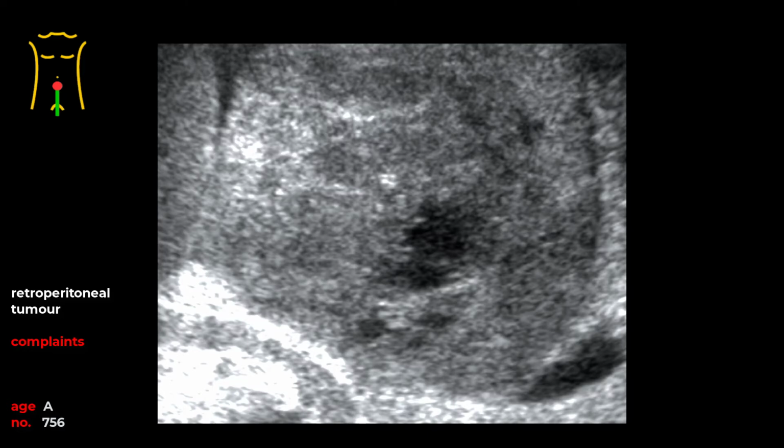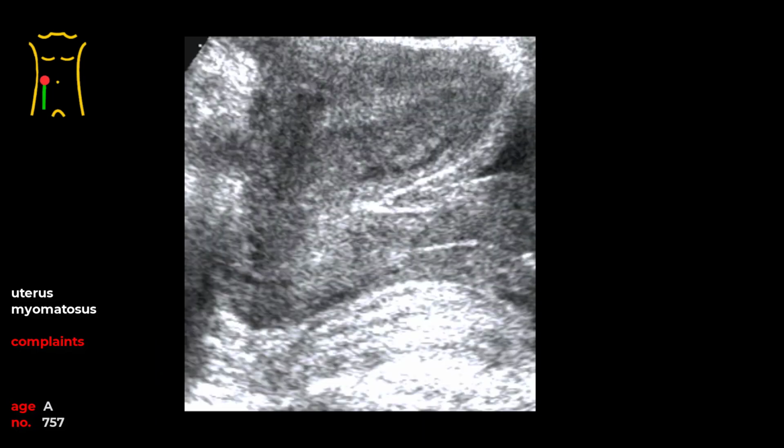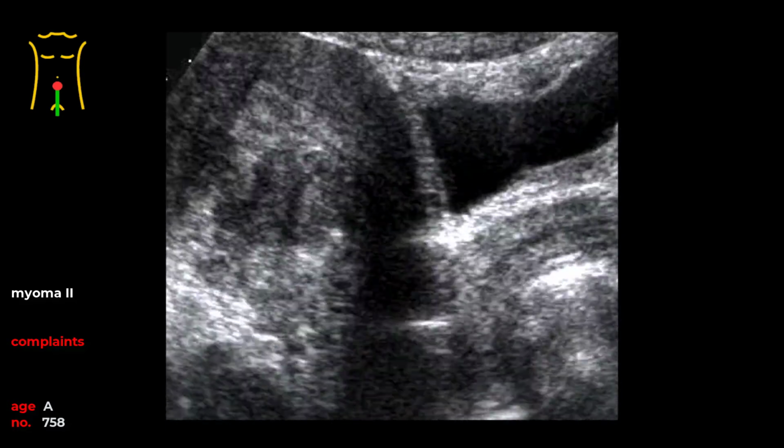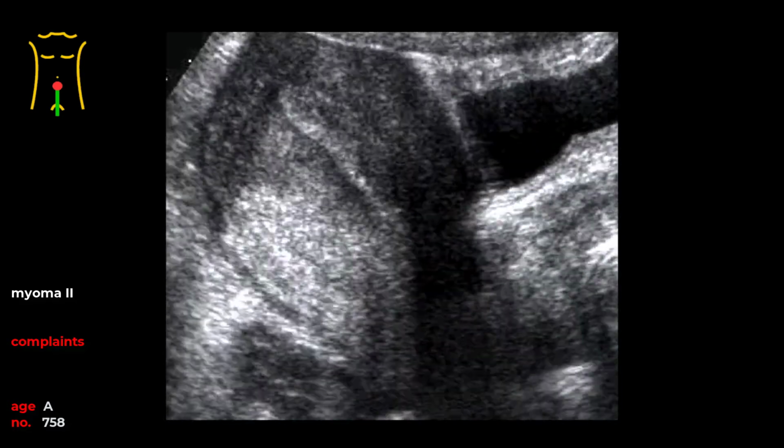In 756, you see a retroperitoneal tumor. And in 757, a typical uterus myomatosis, which is repeated in another patient in 758.